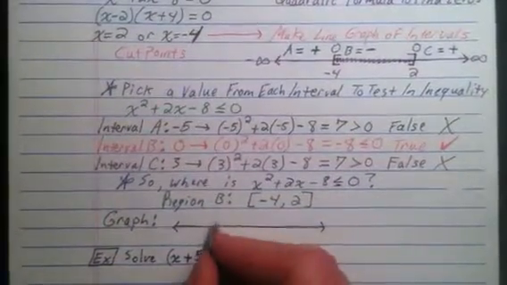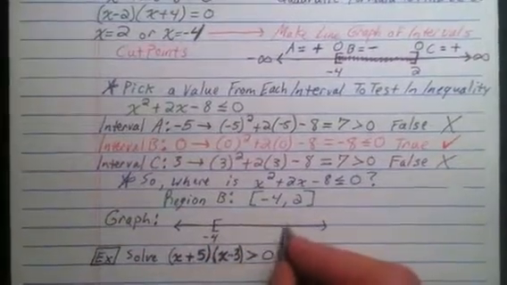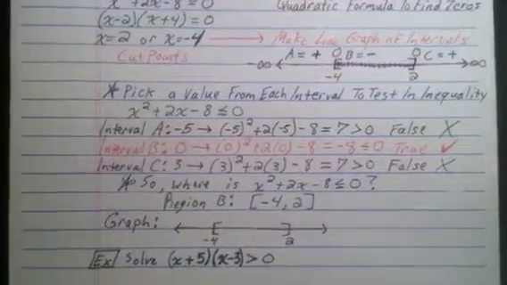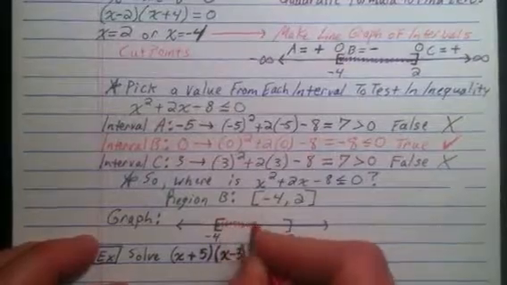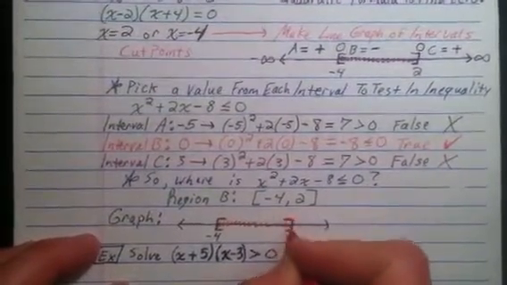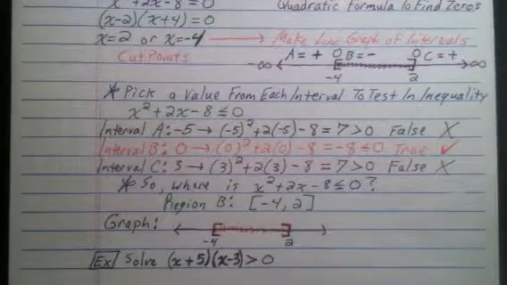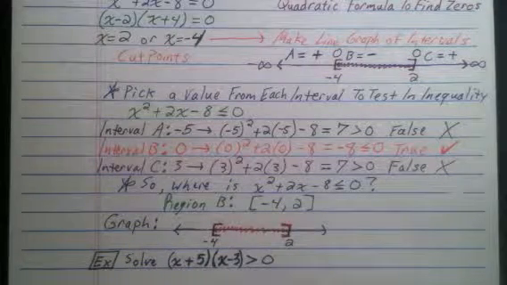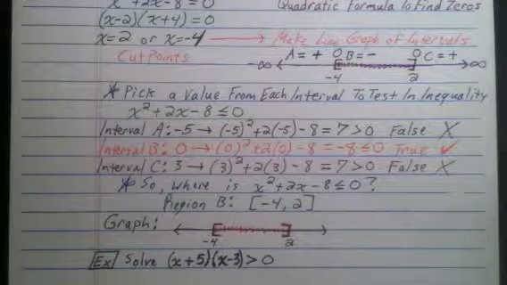We have -4 to +2, and everything should be shaded in from -4 to 2. So that's what most of the examples will be like.